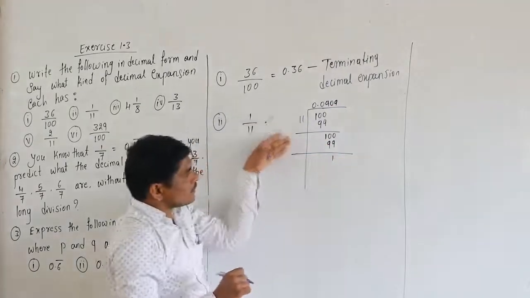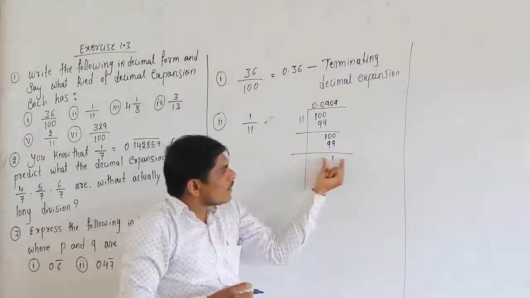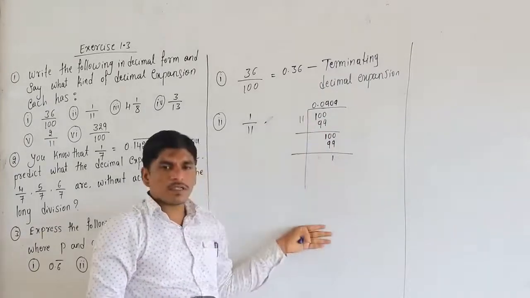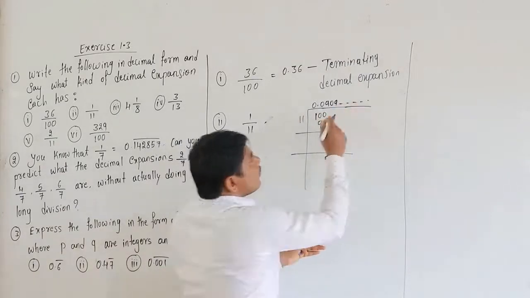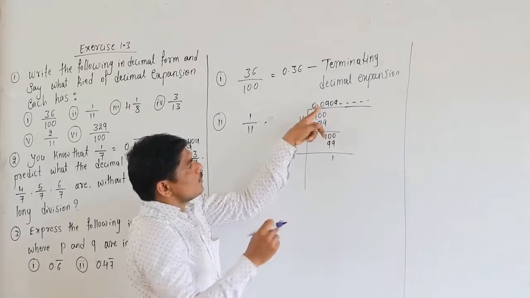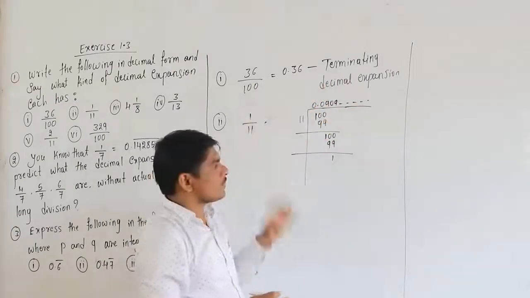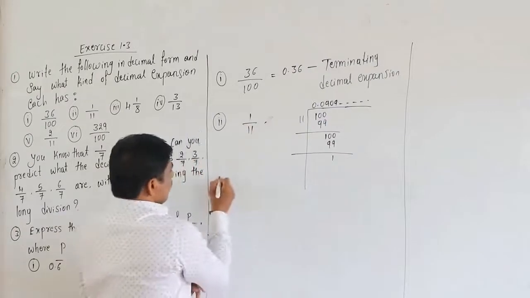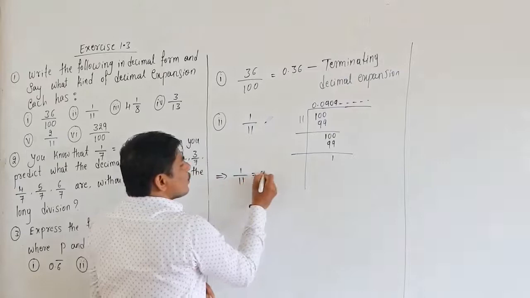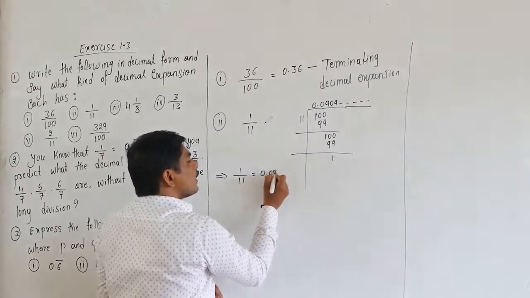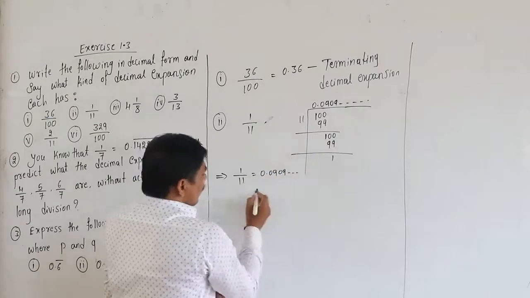It means in this problem we observe that this procedure is continuously going on. That's why the value is 0.09, 09 and 09 and so on. These values are formed. Now 1 divided by 11 is equal to 0.0909 and so on.